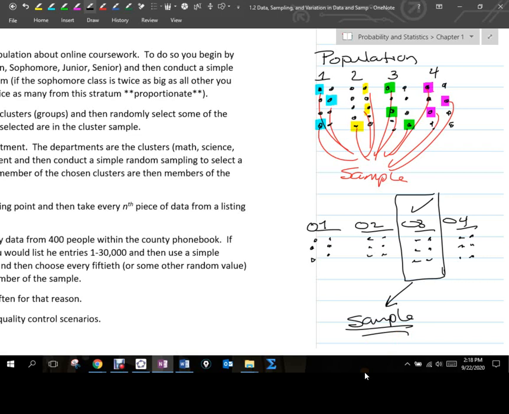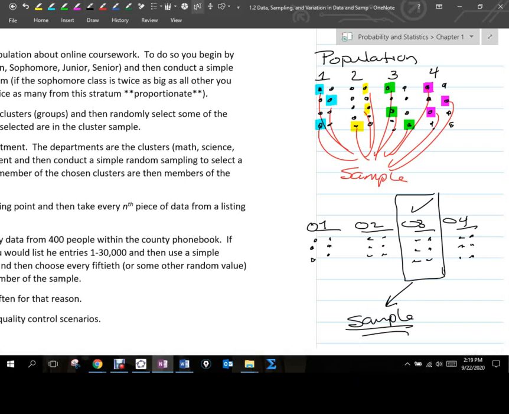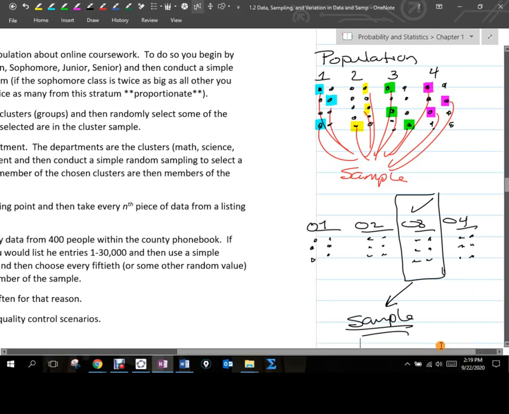I know when you read the vocabulary or the definition, they sound very similar, but there is some structural difference between the two terms. Okay, I would be cautious of a cluster.